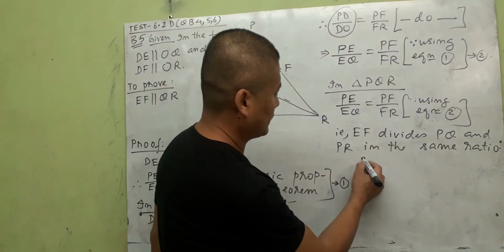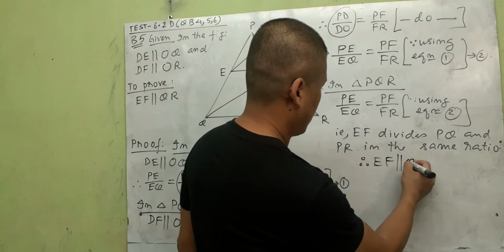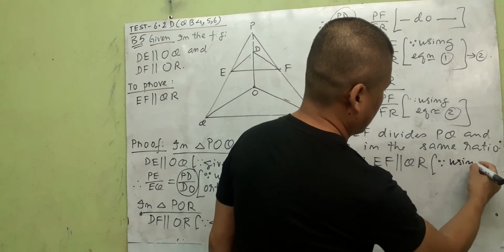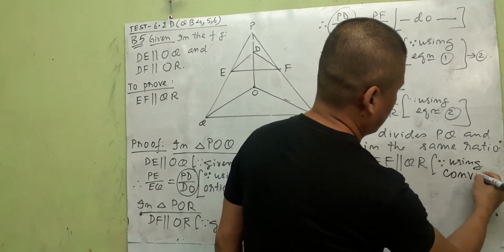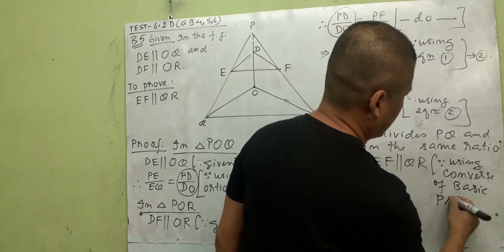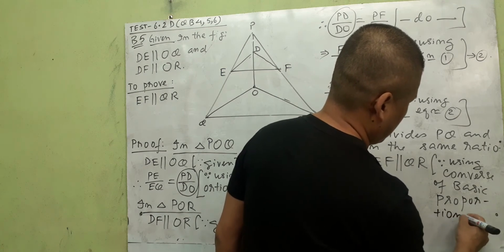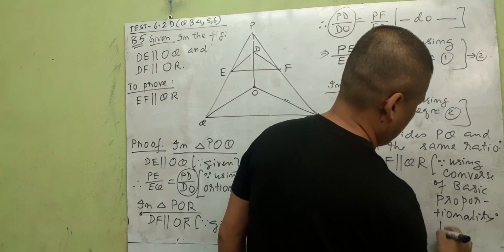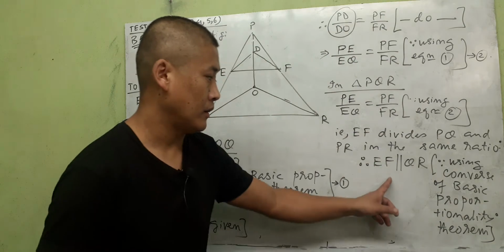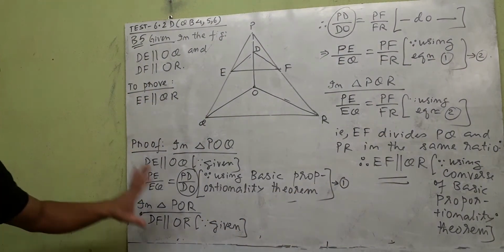So we'll write here, therefore EF is parallel to QR, and the reason for this is since, using the converse of basic proportionality theorem. So EF parallel to QR is now proved, right? So that's how we do it.